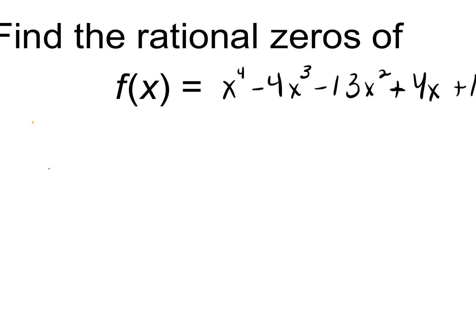So we have to do factors of our last over factors of the first. What are factors of 12? 12 and 1, 6 and 2. Anything else? 3 and 4. Over factors of our first, which are just 1.